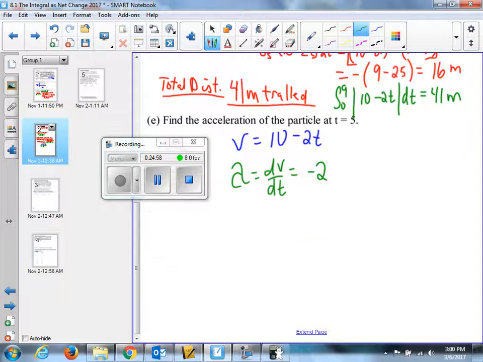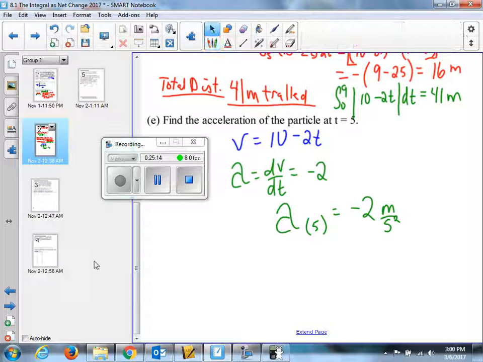I don't care what the time is, at any time, but in this case at 5 seconds, negative 2, but what's the unit? Meters per second every second, so meters per second squared. That means it's decreasing by 2 meters per second every second. The speed is decreasing by 2 meters per second every second, if you want to interpret that. Okay? I'm going to stop for this.